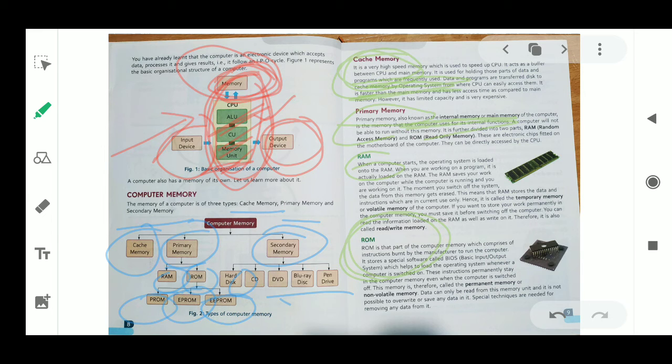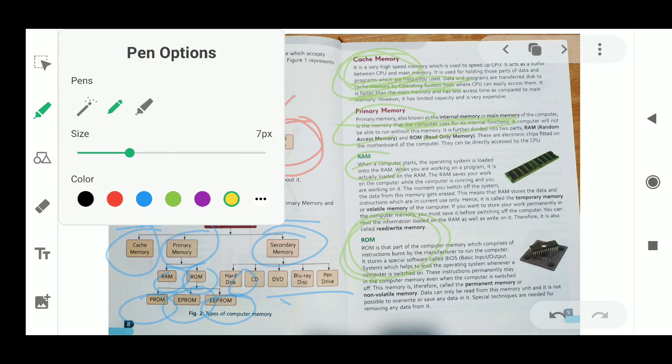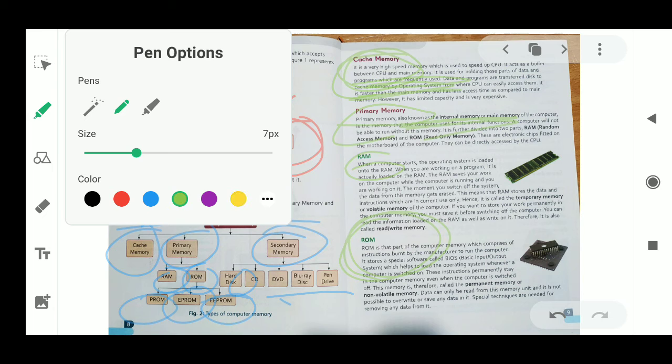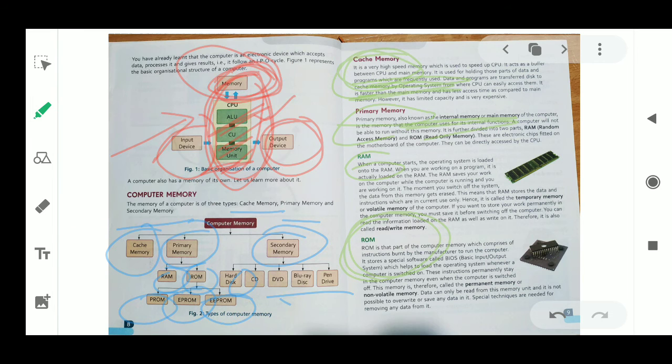It stores a special software called BIOS. This ROM stores the special software that is called BIOS. The full form of BIOS is basic input output system. When we switch on our computer the first time, our OS is loaded by this basic input output system.